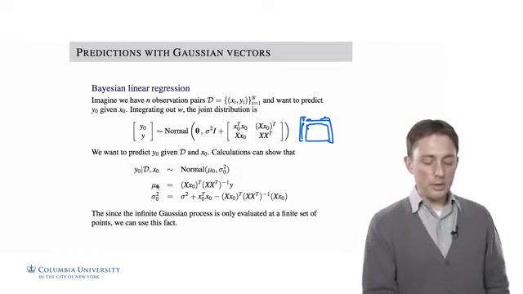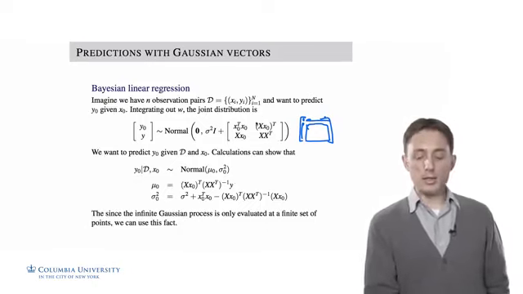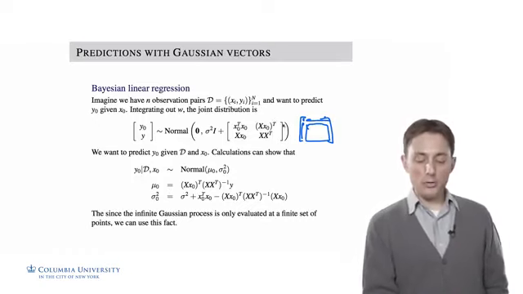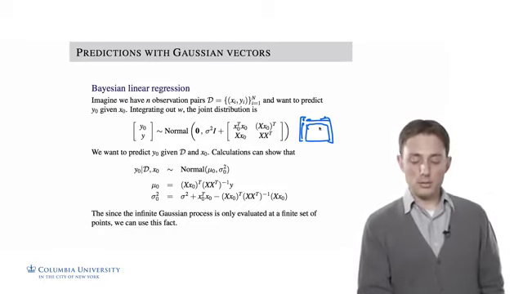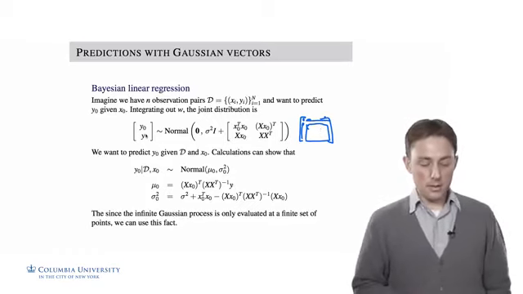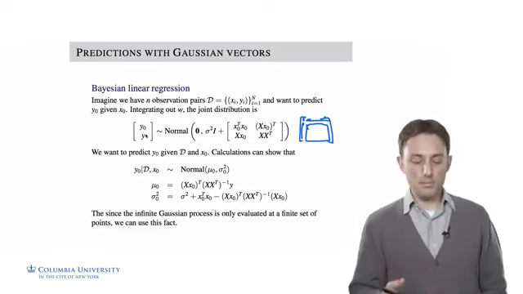is a univariate Gaussian with mean equal to mu naught, where mu naught is a function of the vector y and this matrix. Specifically, we take this row vector here, so that's this part, multiply it by the inverse of this matrix here, and then multiply that by y. So that's the mean.